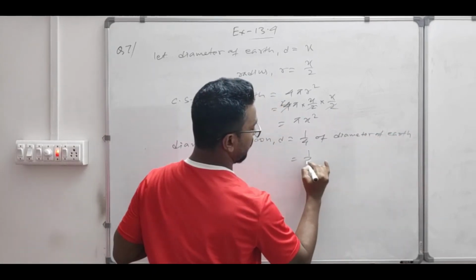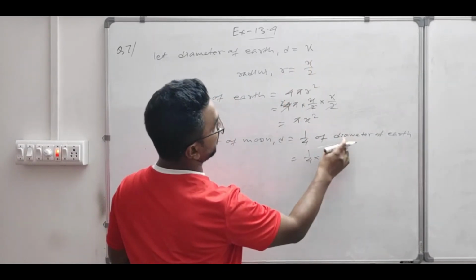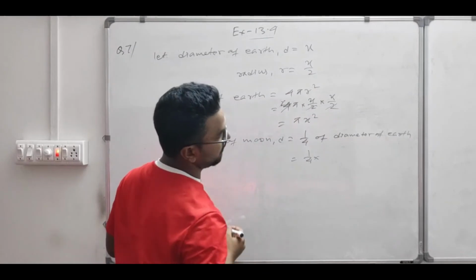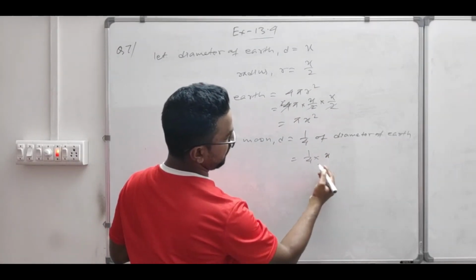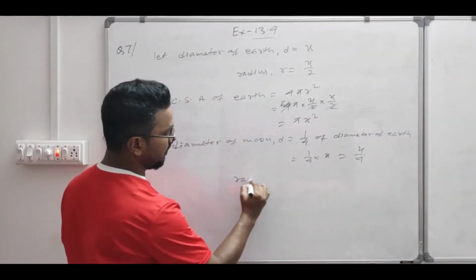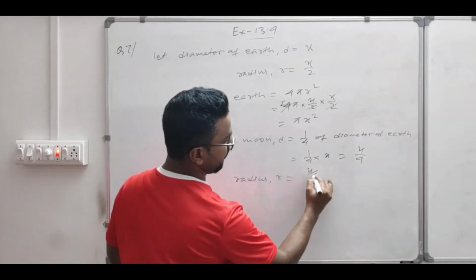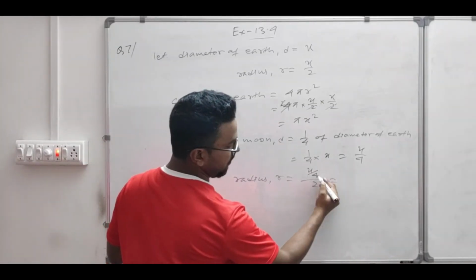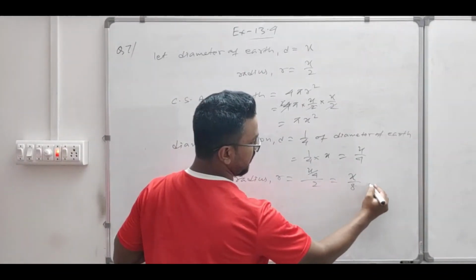So 1 by 4 of the diameter of earth. Diameter of earth was x, right? So it will become x by 4. Now radius, what will be the radius? Radius will become x by 4 divided by 2. So you pull this 4 in the denominator, so it will become x by 8.